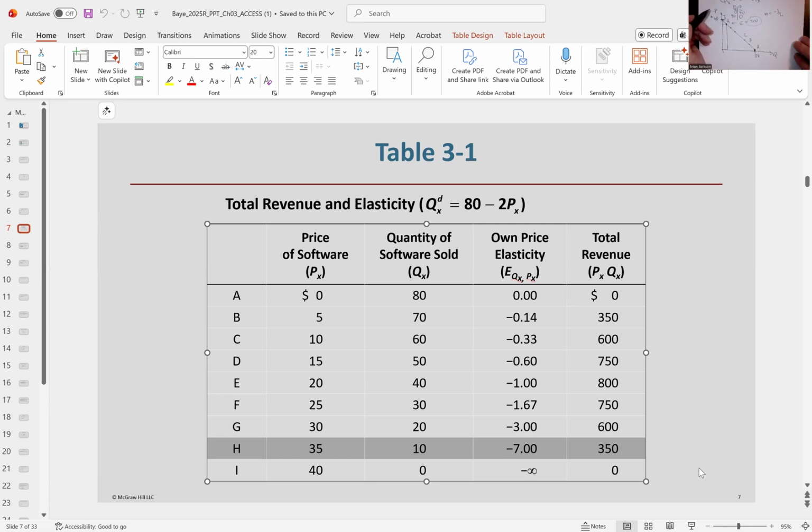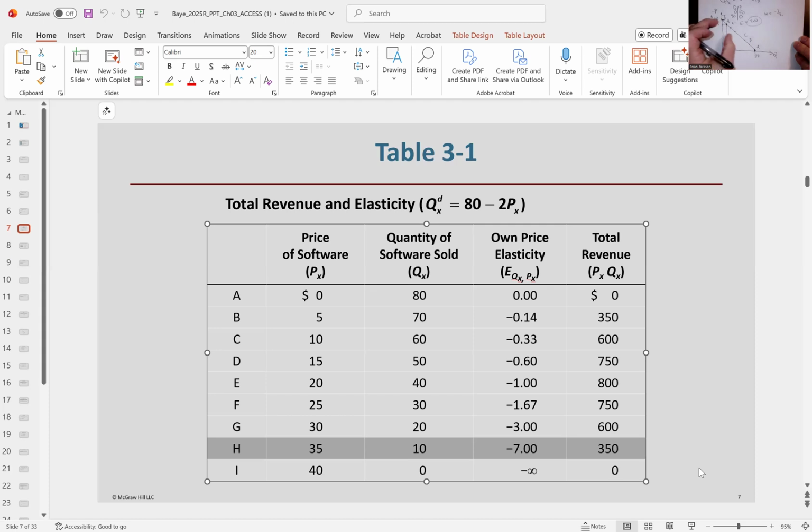If you had a small change in price when you start at a very high price, like $35 for this particular good, then the quantity demanded is going to be pretty responsive. If you lower the price of caviar or T-bone steak, then people want to buy more of it. Or if you raise the price, people are really turned off.